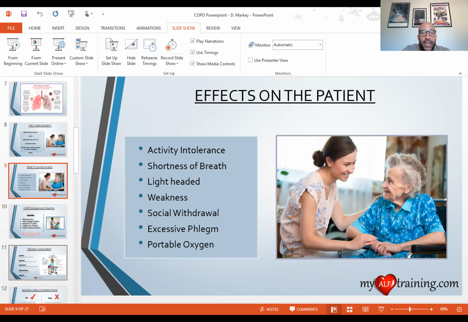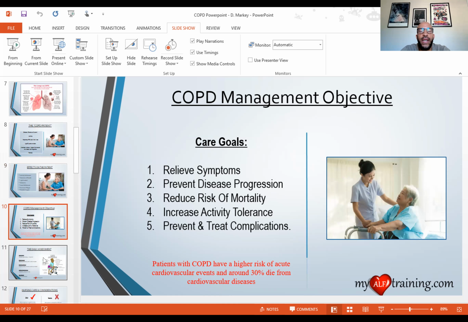So we talked about the effects that the disease has on the patient. And now we're talking about the management objectives, our care goals, what they should be for this patient. Now, do note in the bottom here, patients with COPD have a higher risk of acute cardiovascular events, and around 30% die from cardiovascular events.